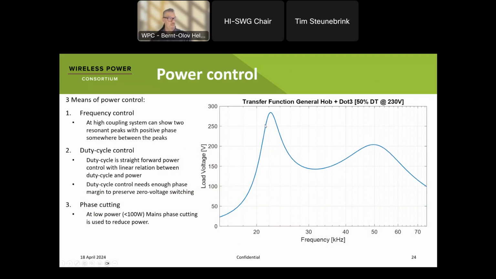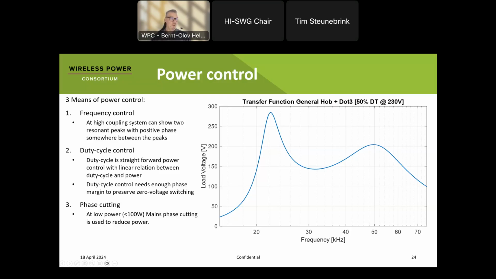So you have one peak for the transmitter and one peak for the receiver, and this curve looks different depending on the coupling, and it depends on the positioning and the distance, and it is something that need to be maintained and observed in the regulation, because there are regions in this area where it shouldn't be because it's not efficient, and you need to select if you should be on this frequency or the other one.